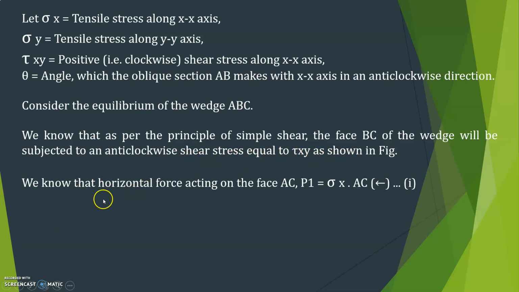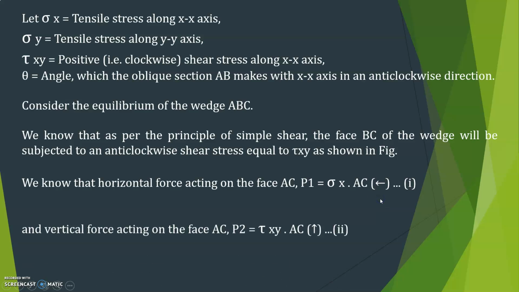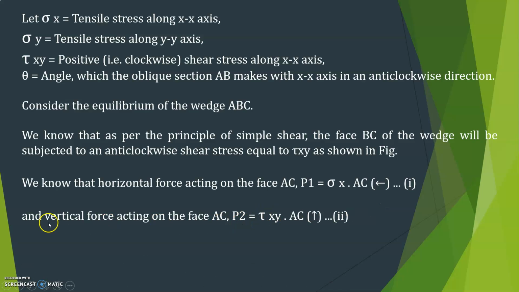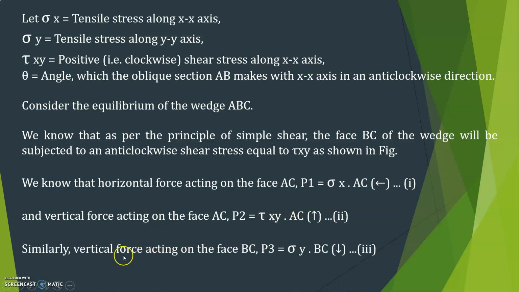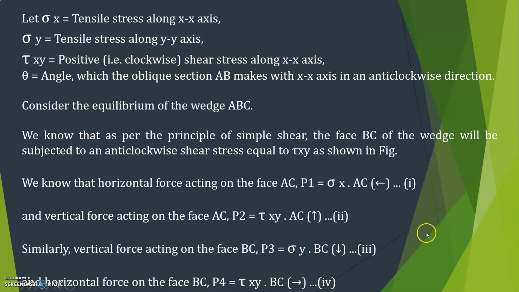Now we know the horizontal force acting on the face AC, P1, is equal to sigma x into AC, and P2, the vertical force, is equal to tau xy into AC. The vertical force acting on the face BC is sigma y into BC, and the horizontal force on the face BC, P4, is equal to tau xy into BC.